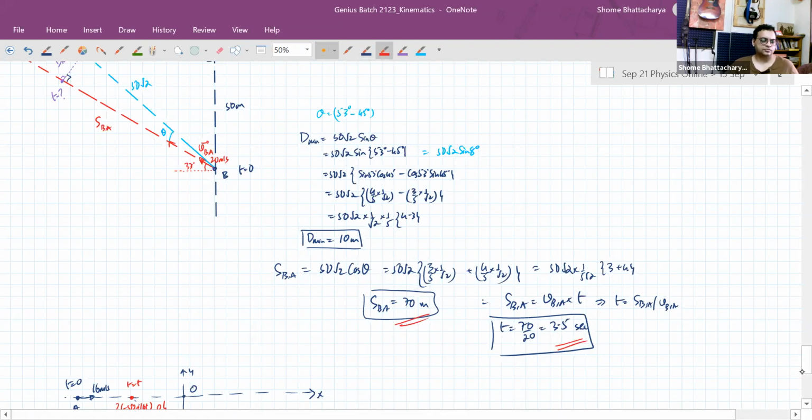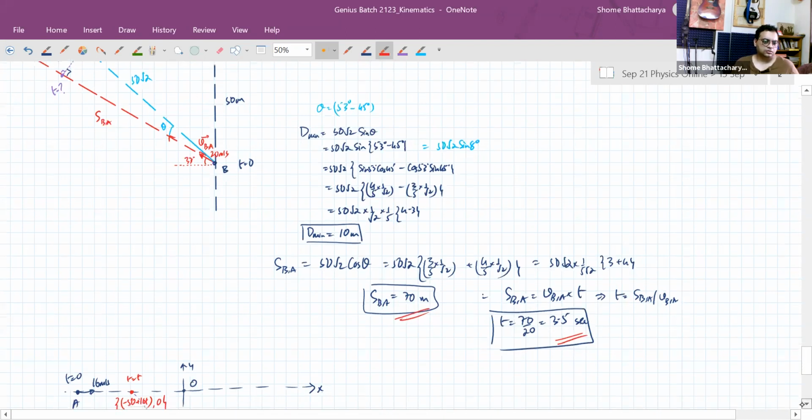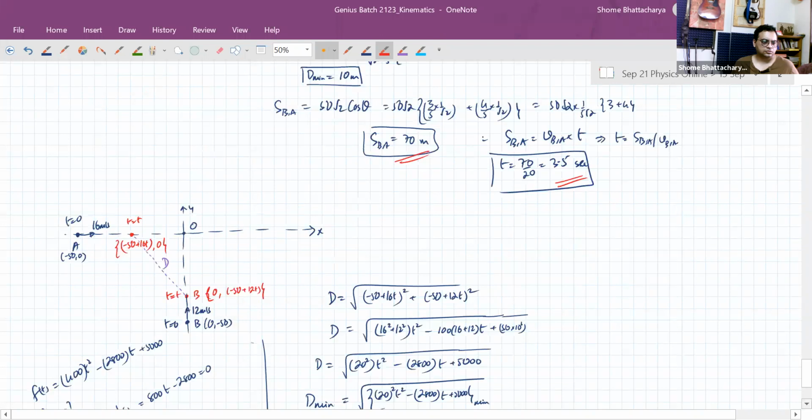Okay, so anyhow, when we work this out now, we'll see that the distance between them as a function of time is going to work out something like this.